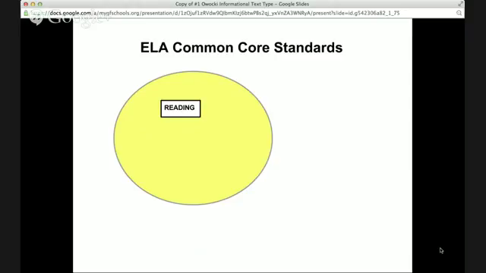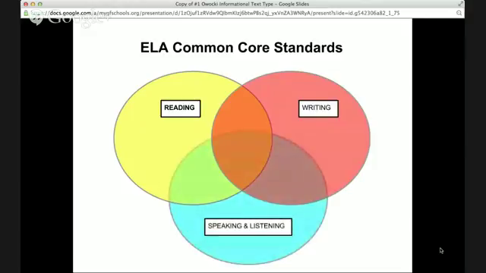Another thing that you know is the overlay of the reading, writing, and speaking and listening standards for ELA. We know that the central piece of all three of those areas is the children's ability to work with argument through reasoning and evidence. But in looking at informational text writing, we're seeing a unique connection between the writing standards and the speaking and listening standards.